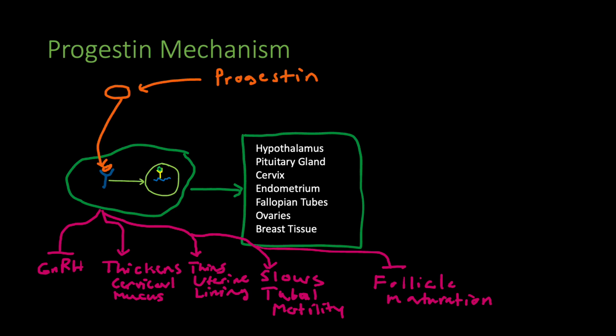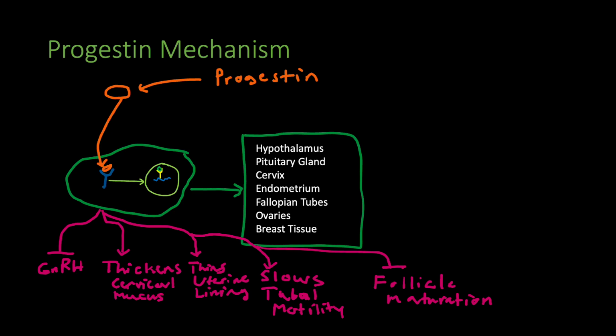So it's going to definitely decrease the LH and FSH because if you're going to inhibit GnRH, then you're also going to prevent the release of LH and FSH. And so this is going to prevent the follicle from fully maturing, and that is where the egg cannot be released, and it prevents ovulation, so thereby preventing pregnancy.